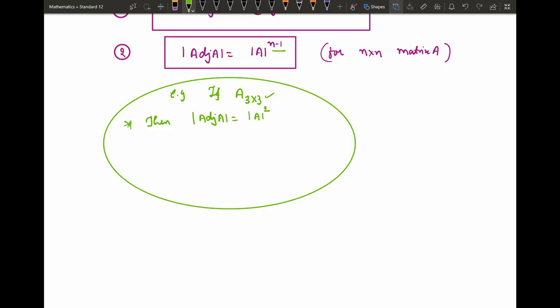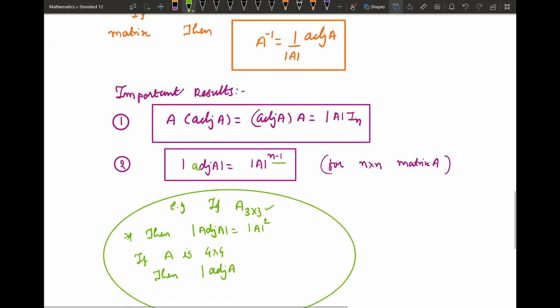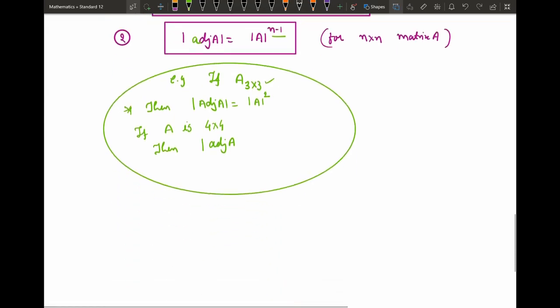For example, if A is 4 by 4, then determinant of adjoint A equal to determinant A raised to n minus 1.